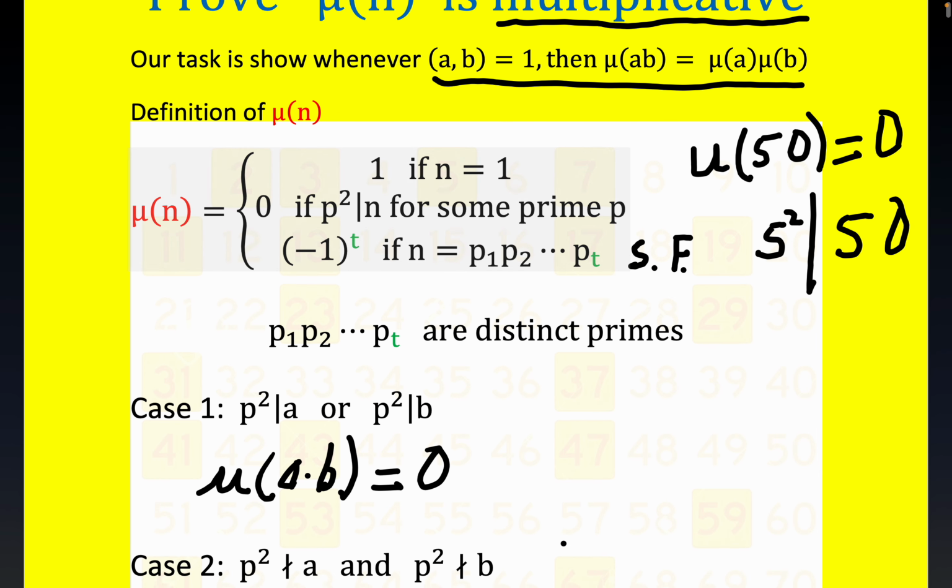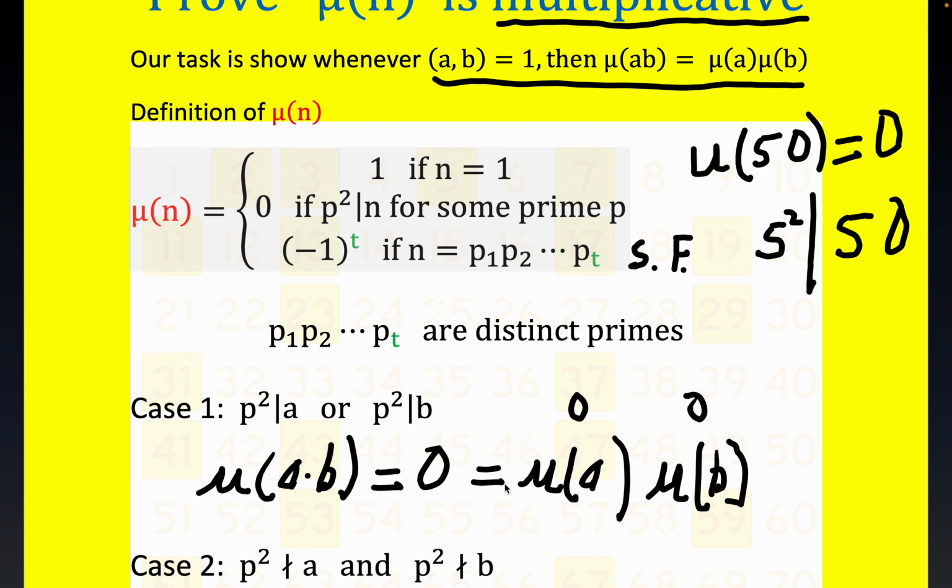But notice this is equal to mu, I mean, it's what a lot of people would pretentiously call trivial, because these are manifestly equal to 0 since each one of these is 0. You've got to say one more word here because if p squared divides A, it's going to divide AB. If p squared divides B, it's also going to divide AB. So this is trivial right here, right, folks? I'll quit talking about that.